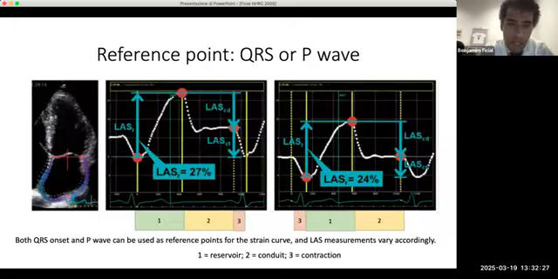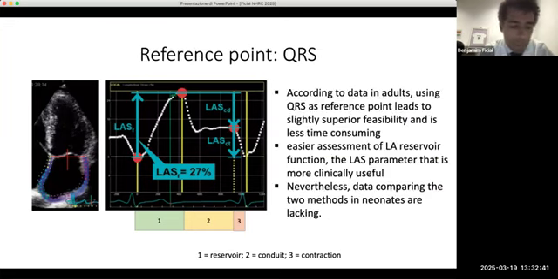As recommended in adults, we selected the QRS as the starting point, as the reference point for the LA analysis. This approach simplifies the calculation of left atrial strain reservoir, as I mentioned, the most reliable and likely useful parameter.